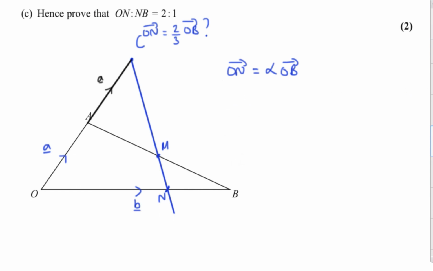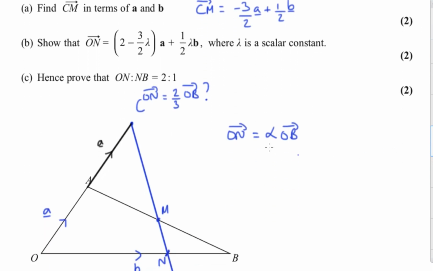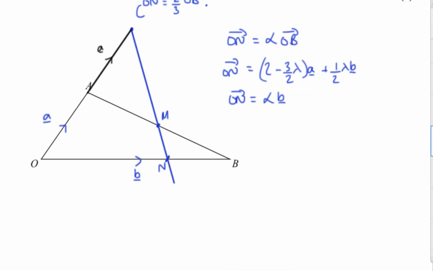We've already said in part 2 that O to N is 2 minus 3/2 lambda lots of A plus a half lambda lots of B. But we also know that it is some fraction of the line O to B. And O to B is vector B. So it's some fraction of vector B. So these have to be equal to each other.